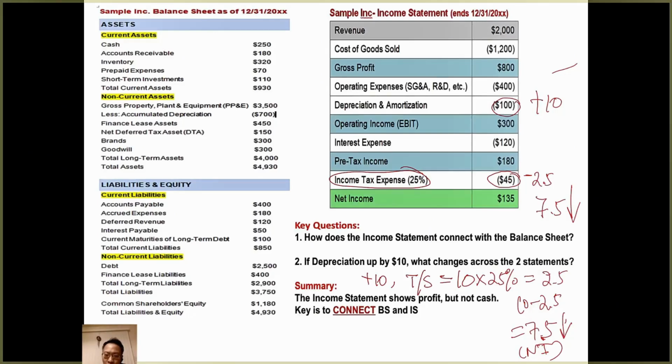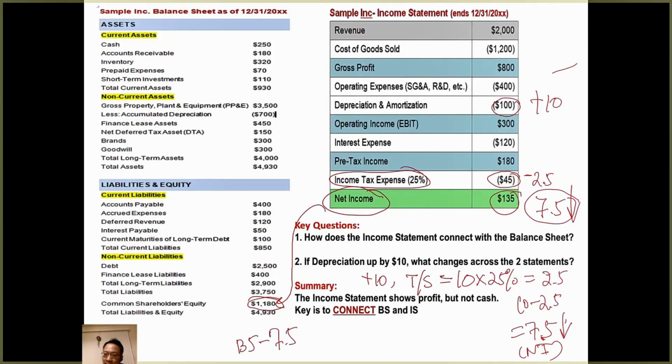Once we understand this, we'll quickly realize that if net income drops by $7.50, how will this be reflected on the balance sheet? In other words, eventually what flows into common shareholders' equity won't increase by 135 as much, but rather by 135 minus $7.50. So that means we'll subtract $7.50 here.